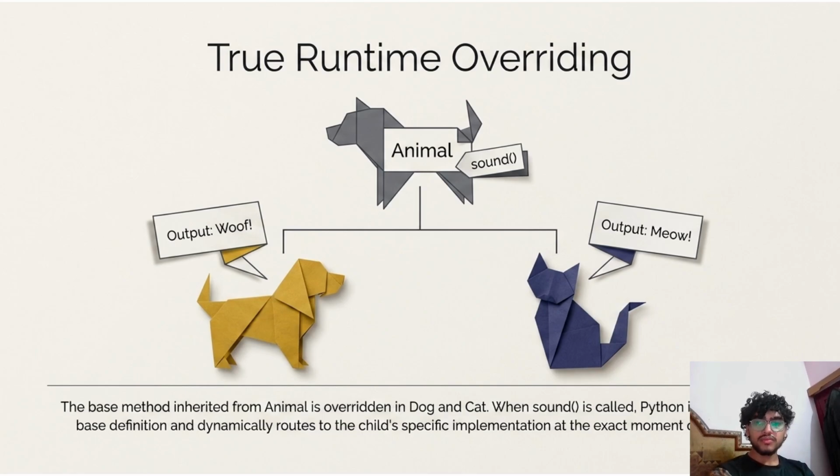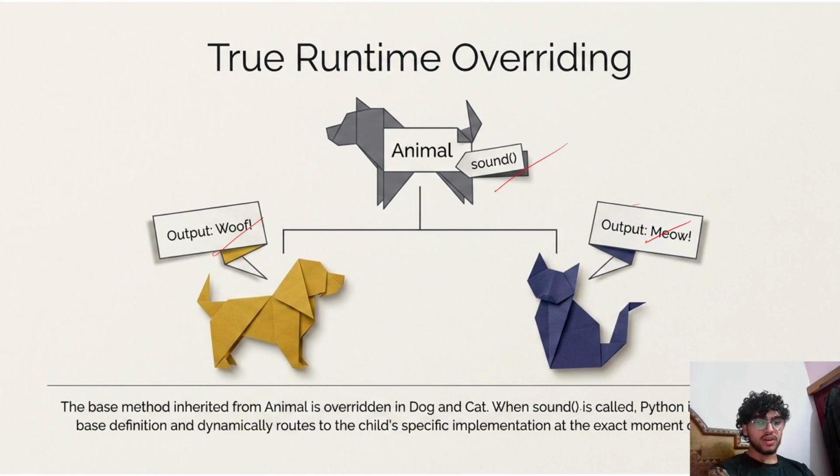So true runtime overriding. Suppose there is one parent class Animal and it has a method sound. The sound method can output meow and woof both because this base method is inherited from Animal and is overridden in Dog and Cat, as we have already done.